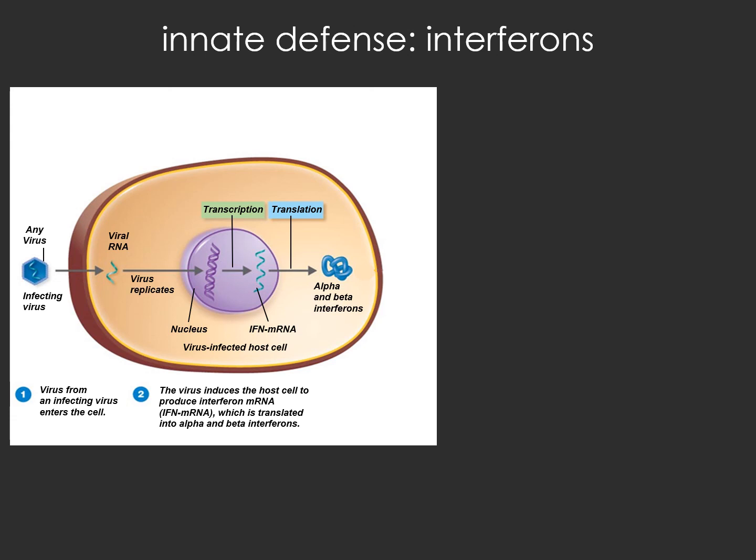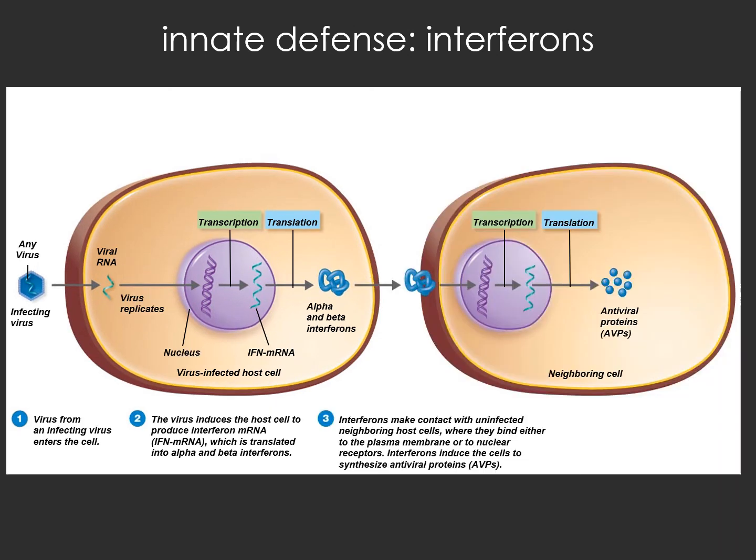And those interferons are going to be released from the cell, not to do anything to help this cell in the least, but in order to send out a chemical warning that there's a virus replicating inside this cell. So the alpha and beta interferons, by the way, alpha, beta, it doesn't matter.